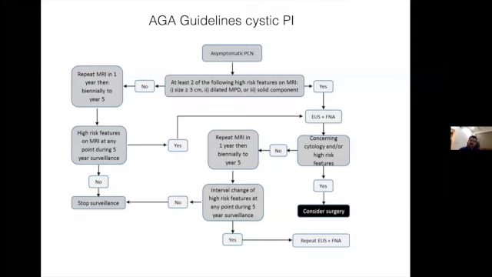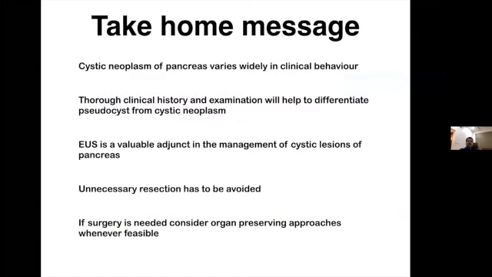So the cystic neoplasm of the pancreas is not a very simple issue. It has a very important management concern as far as a gastroenterologist or a gastrosurgeon or a general surgeon is concerned. So to sum up, the cystic neoplasm of the pancreas varies widely in clinical behavior. You have to apply your clinical sense and use all the available investigations to differentiate a pseudocyst from cystic neoplasm.